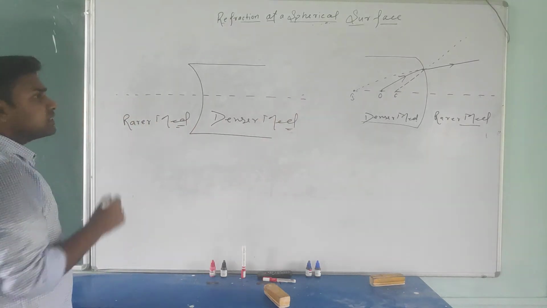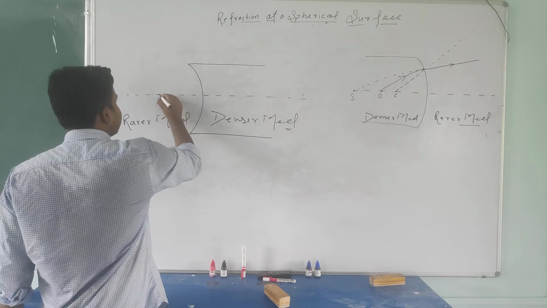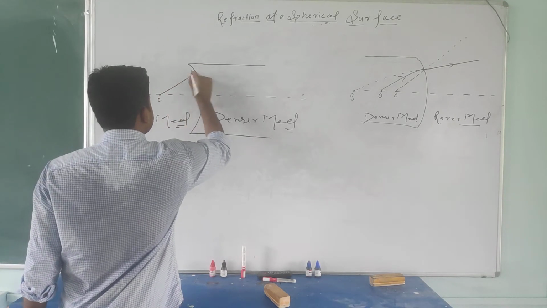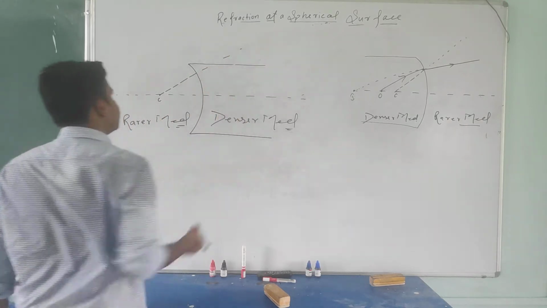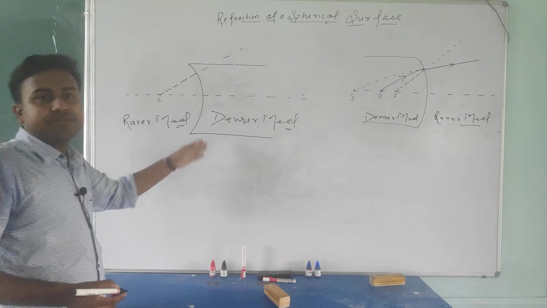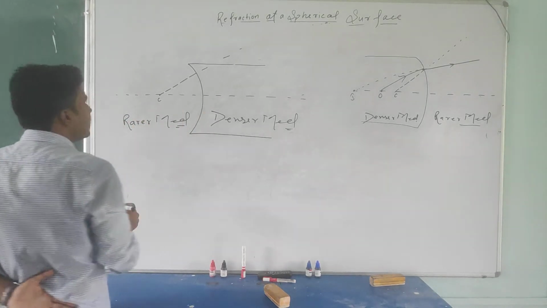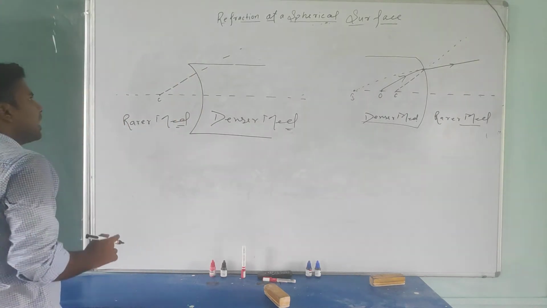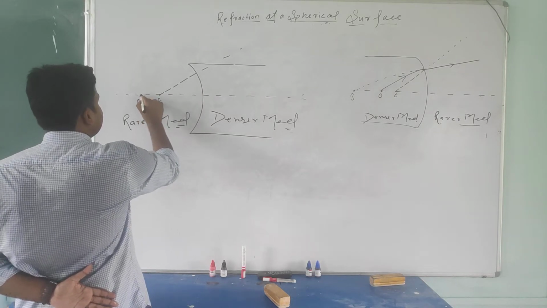So in this case, if I am assuming this one is the center of curvature and here this one is the normal, sorry student, this one is the normal drawn at this curved surface or spherical surface, and if our object is at this point, now what will happen?